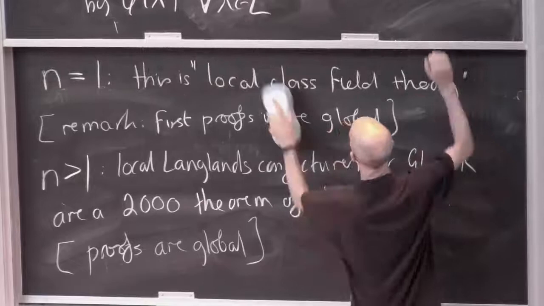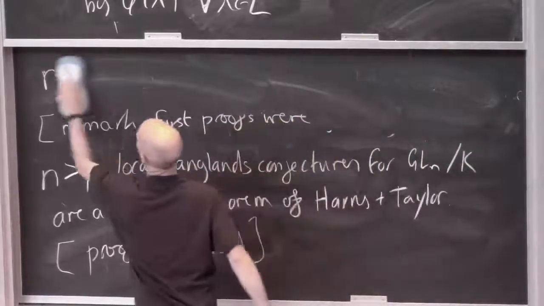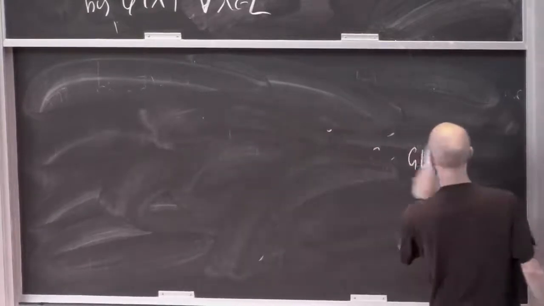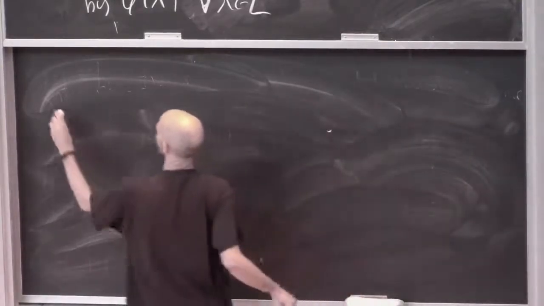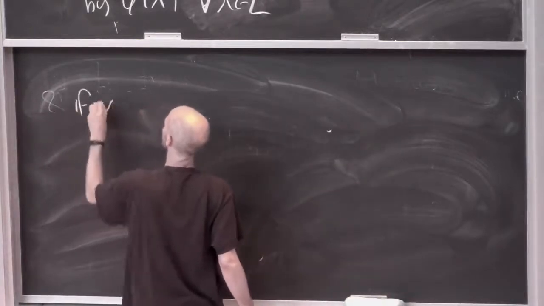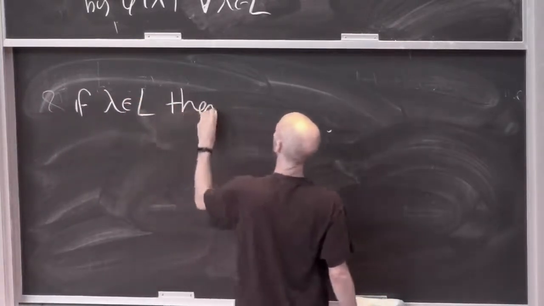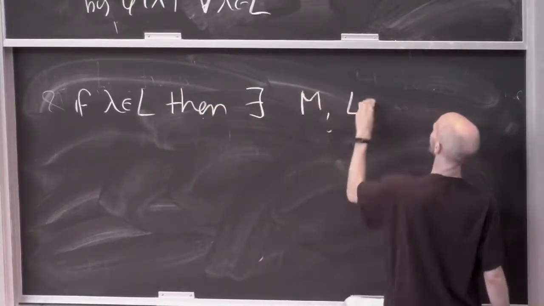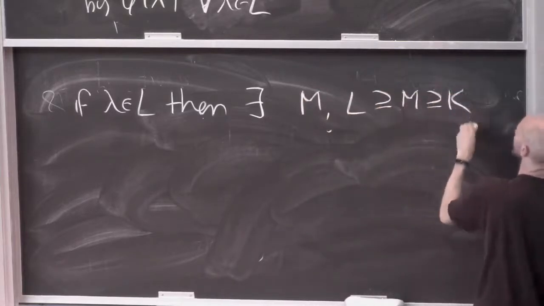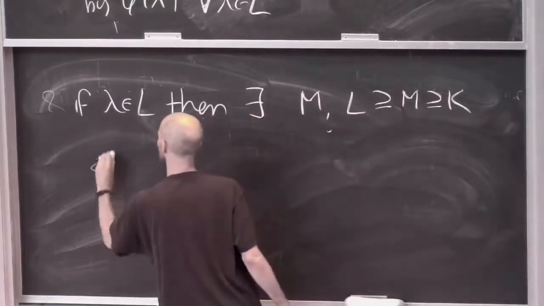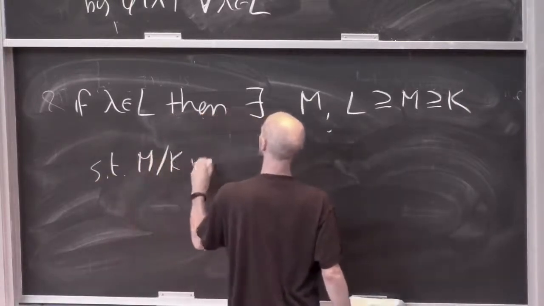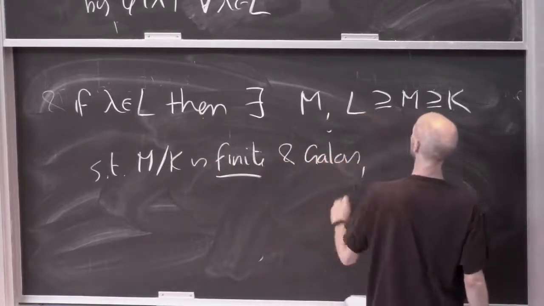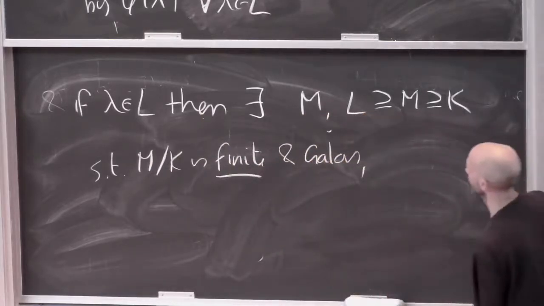And if you think about it, if I have some random lambda in L, then there is some finite subextension M, with K contained in M contained in L, such that M over K is finite Galois, and lambda is in M.